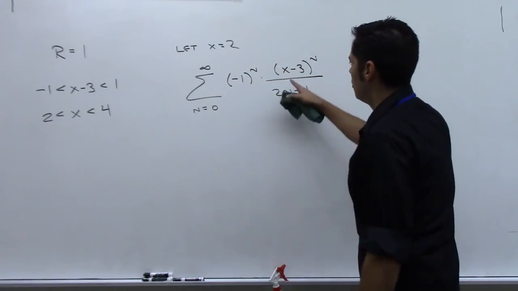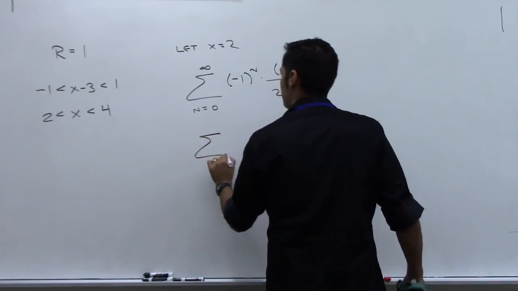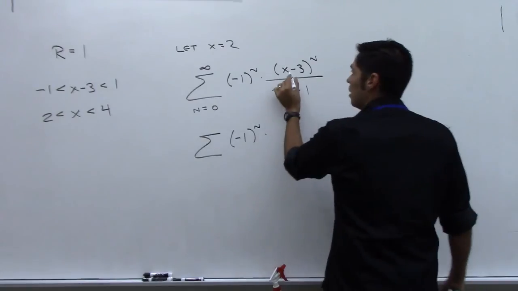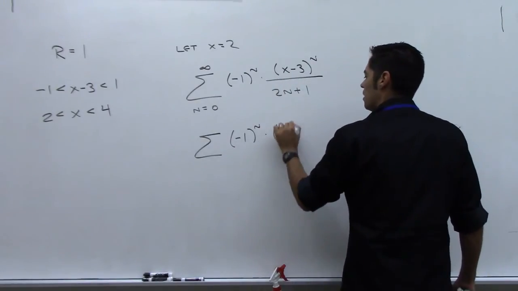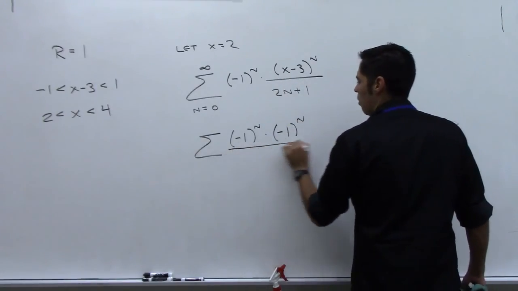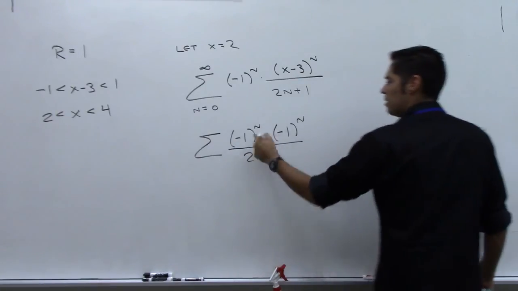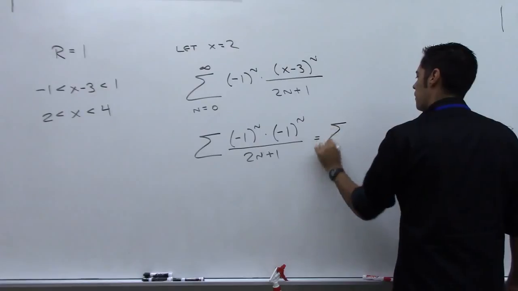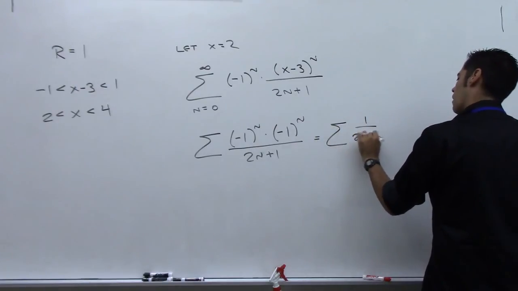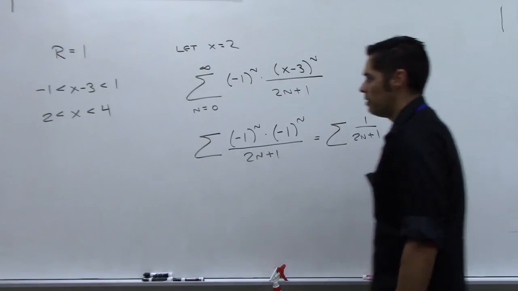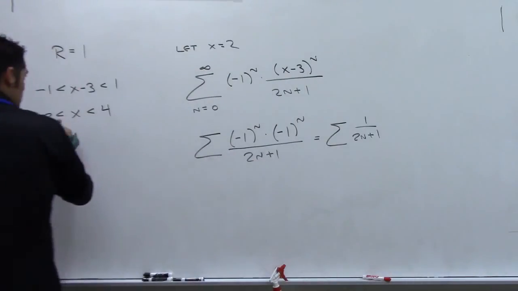So if I let x be 2, this sum becomes negative 1 to the n times, here I get another negative 1 to the n. Then I'll just do the whole thing over 2n plus 1. And then I can put those two together. That's just a 1. And that's a harmonic series. And that diverges. That means I do not want to include 2.